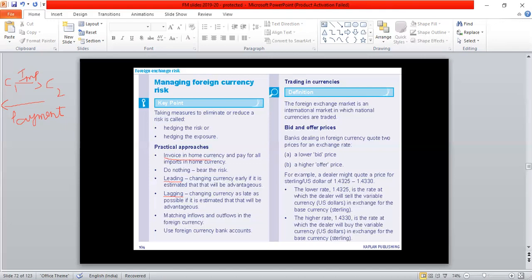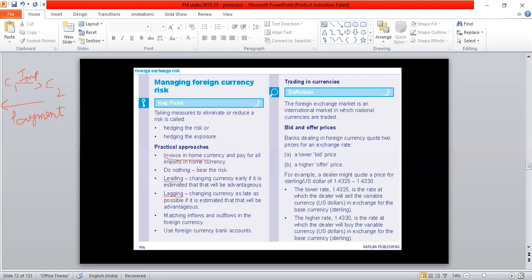So they can delay that. Lagging is delaying. Leading is paying it early. So they can either take a lead in making the settlement, or they can delay it because they are anticipating some change will cause some benefit to them.